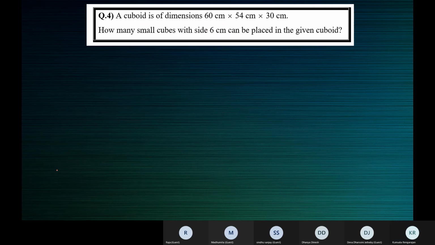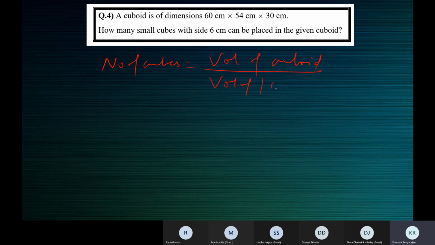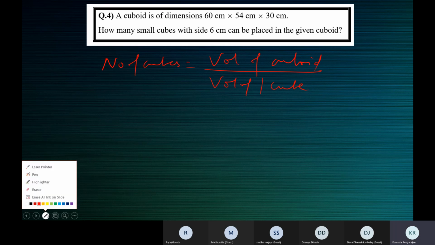So number of cubes is equal to volume of the big one, volume of cuboid, divided by volume of 1 cube.